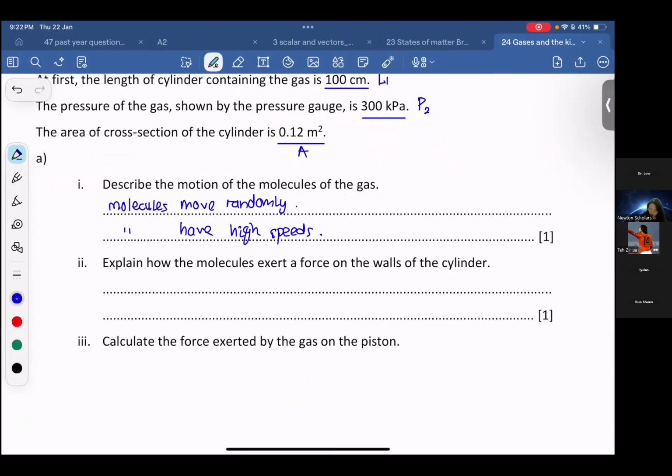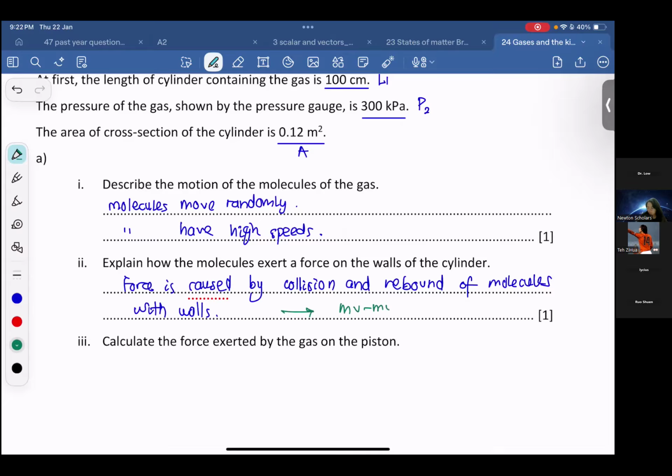It is because force is caused by collision and rebound of molecules with the wall. At collision, we have mv minus mu, the change of momentum.